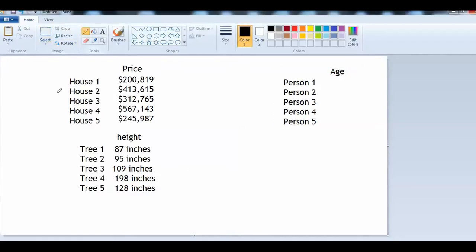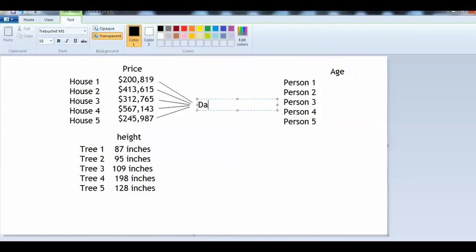So what are these 5 things right here? These are the data values that have been recorded.